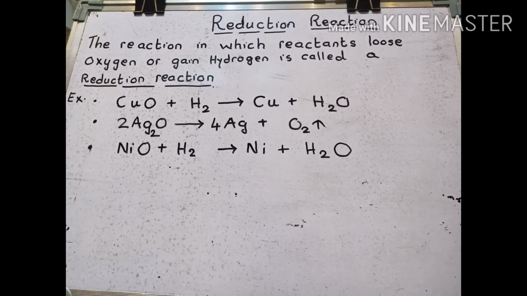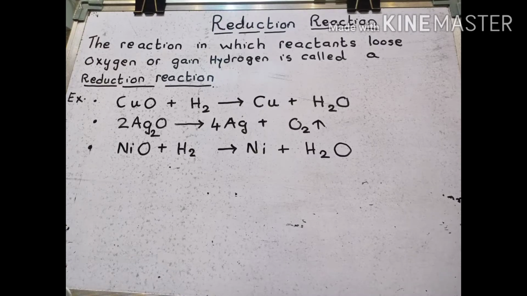You find that a reddish brown deposit will be left over the mixture because copper is formed and water is liberated, right? So what happens, you can see in the reaction that copper oxide has lost oxygen, right? So it's a very good example of a reduction reaction, right?